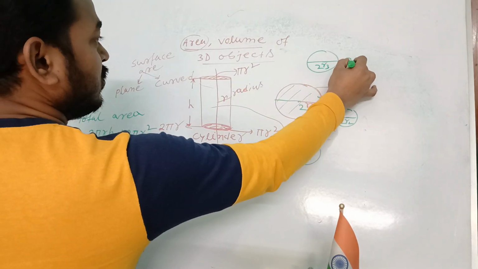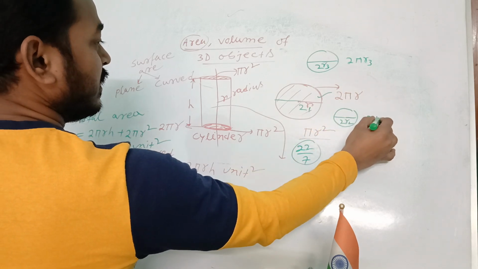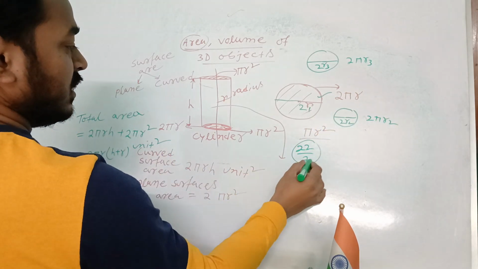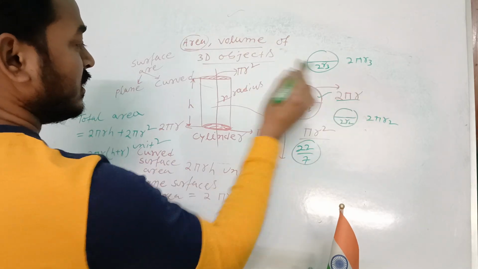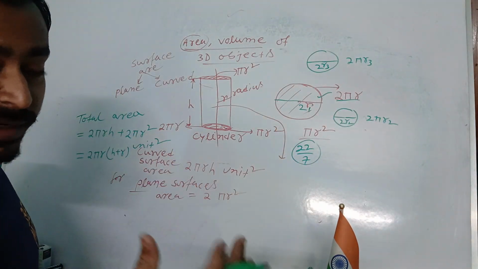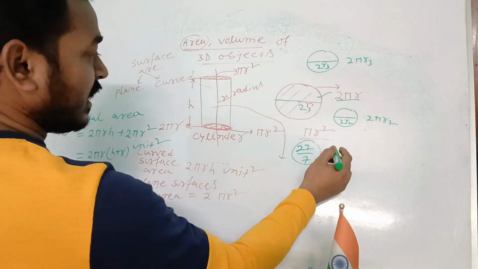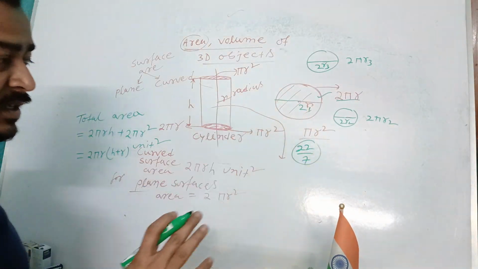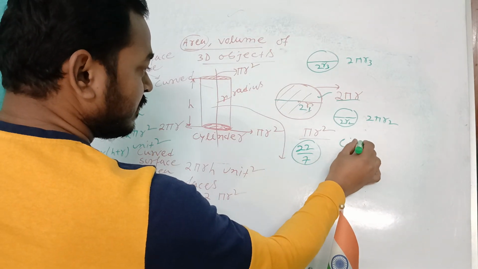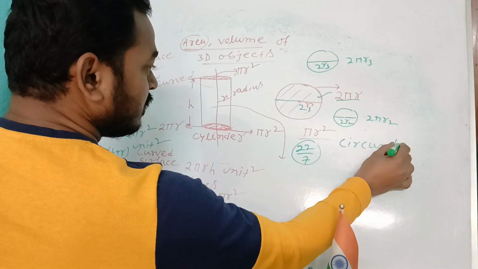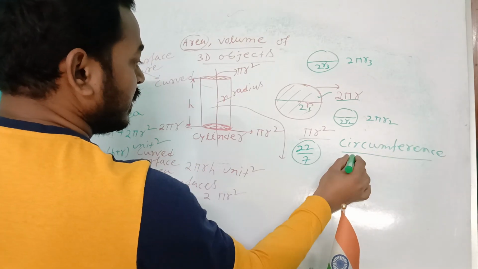Circumference is 2 pi R3, here 2 pi R2, here 2 pi R1. If you take the ratio of circumference to the diameter, for any circle, what is circumference to the diameter?